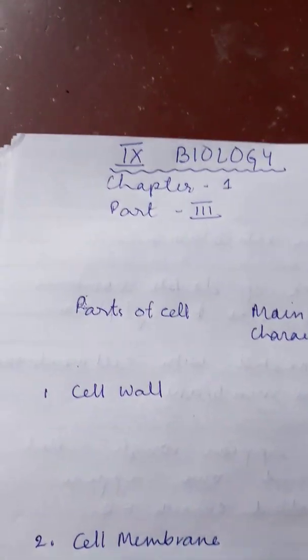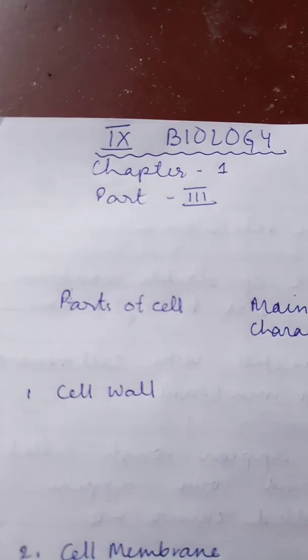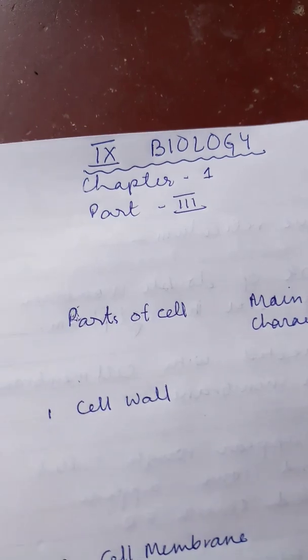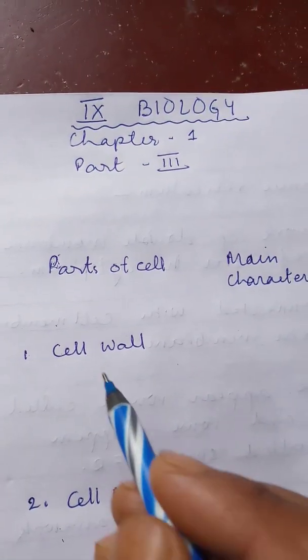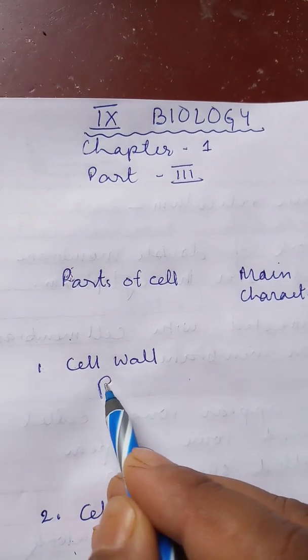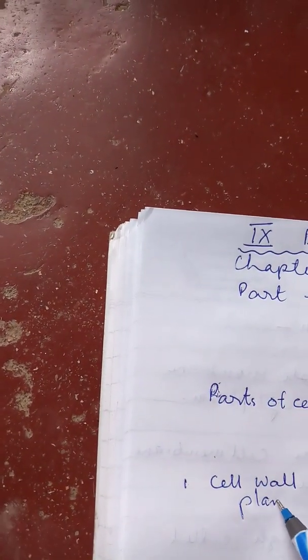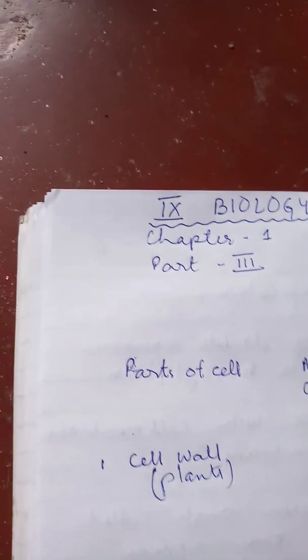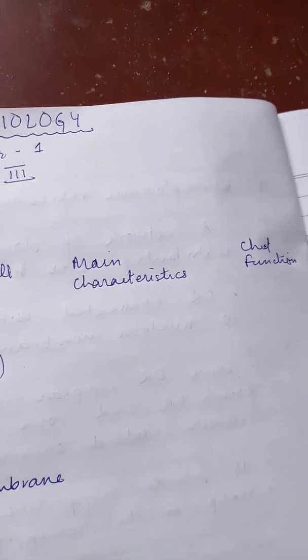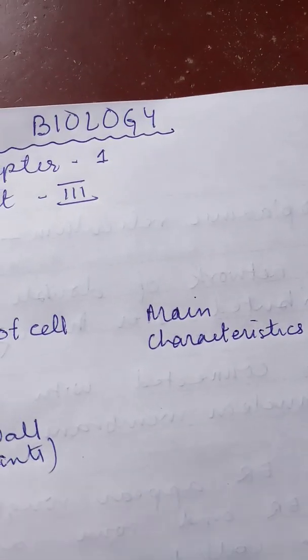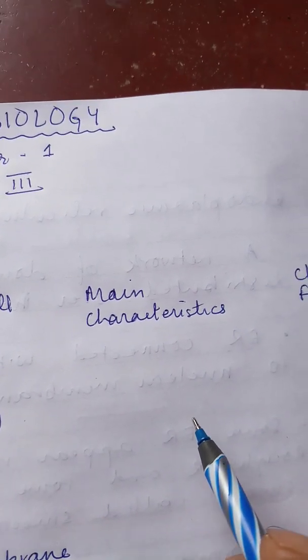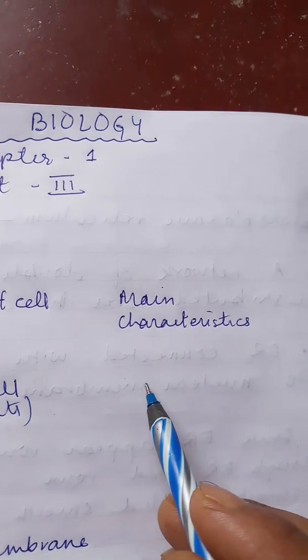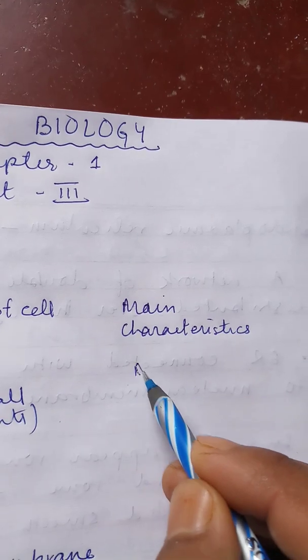The first part is the cell wall. The cell wall is a structure that is present only in plants. Now about the main characteristics. It is only present in the plant cell. It is a non-living structure.